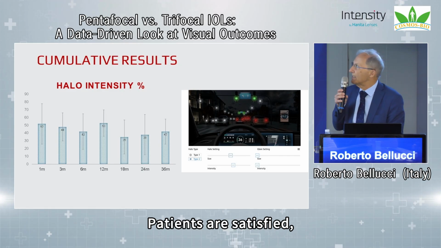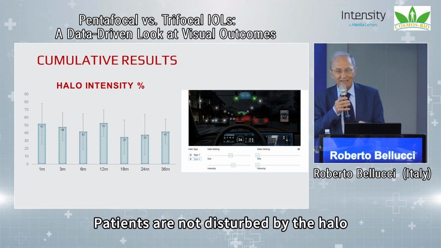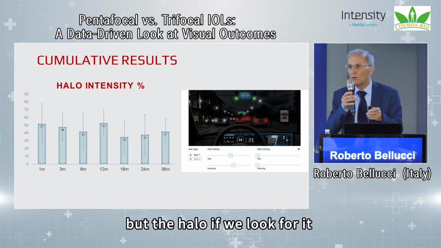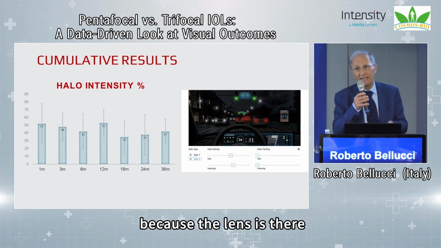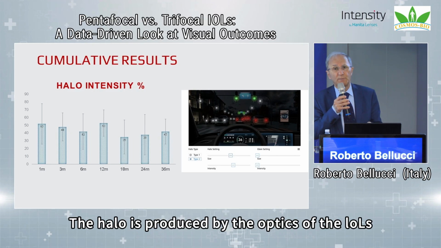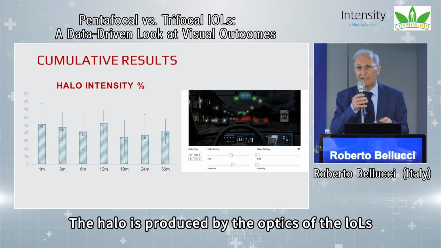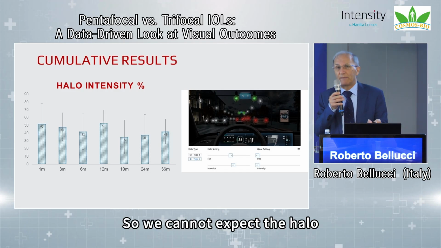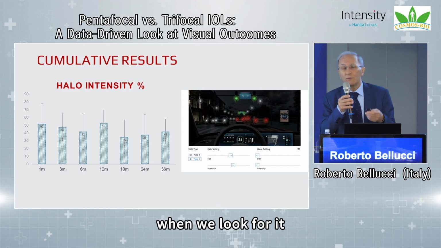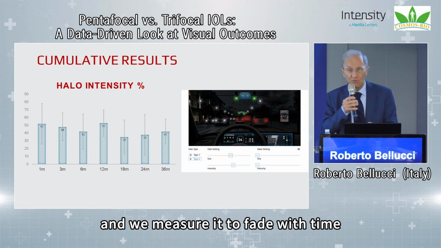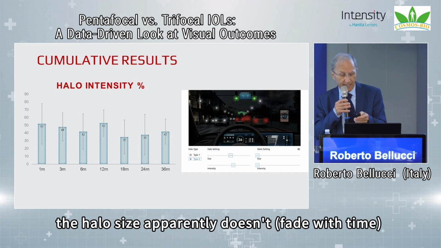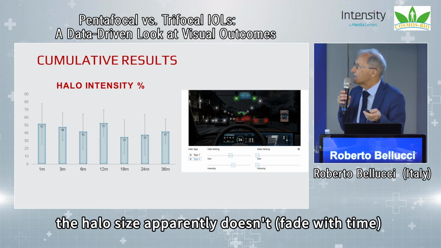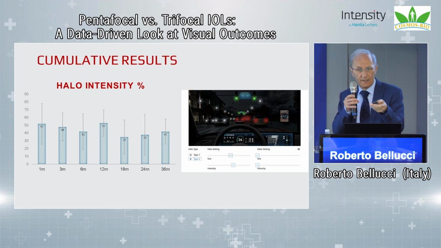Patients are satisfied, patients are not disturbed by the halo, but the halo, if we look for it, is there, and this is obvious because the lens is there. The halo is produced by the optics of the IOL, so we cannot expect the halo, when we look for it and we measure it, to fade with time. The symptoms do, the halo size apparently doesn't. Let's go on.